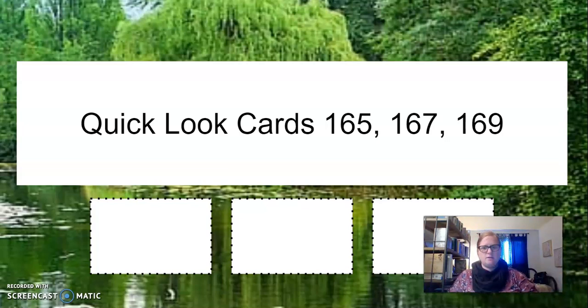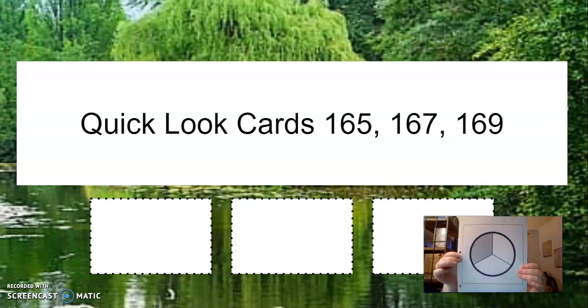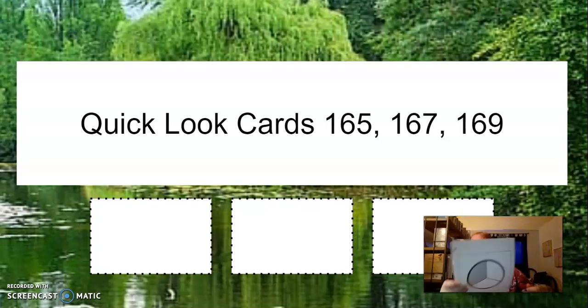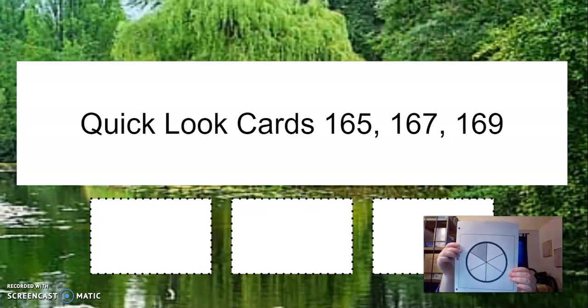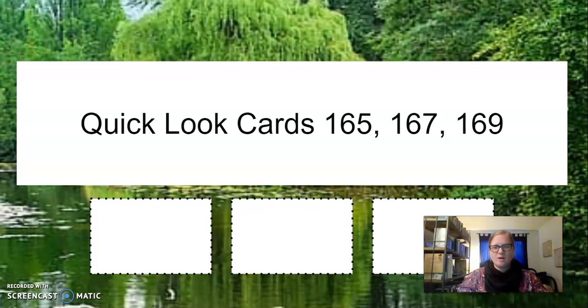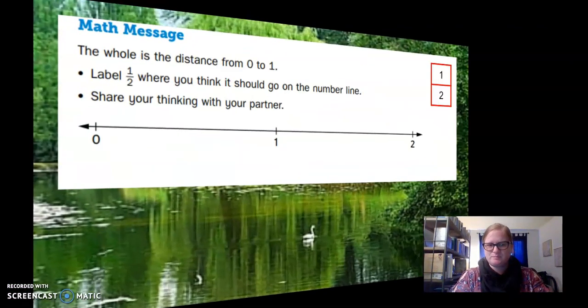Next quick look. 5, 4, 3, 2, 1. Go ahead and pause and complete the second box of the slide. Last card. 5, 4, 3, 2, 1. All right. I hope that got you thinking about some fractions today.